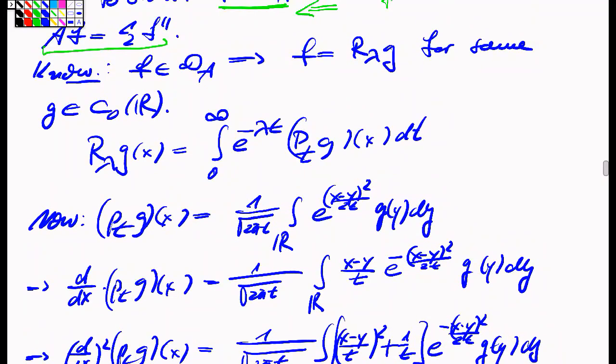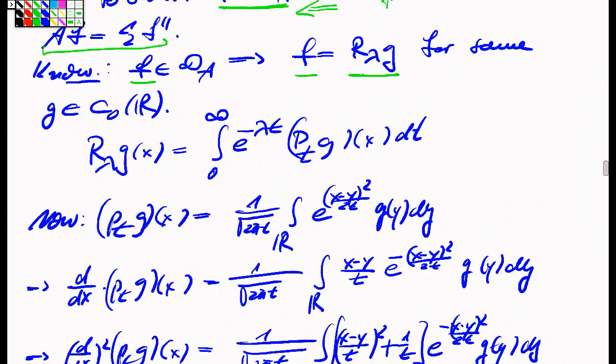For the conclusion, we now use the proposition which we just have established, which told us in particular that any function from the domain of the generator of the Feller semigroup can in fact be written as the resolvent of a suitably chosen function g in the function space. Why is this so? Because we have seen that the resolvent operation is an inverse of an operation whose domain is the full domain of the generator.